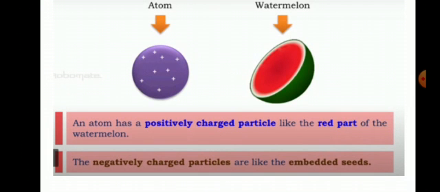Here, according to J.J. Thomson, the electrons are fixed firmly in an atom just like the seeds of a watermelon. So, according to him, positive charge is like the red edible part of the watermelon and the negative charge is like the black seeds. Is it clear to you?